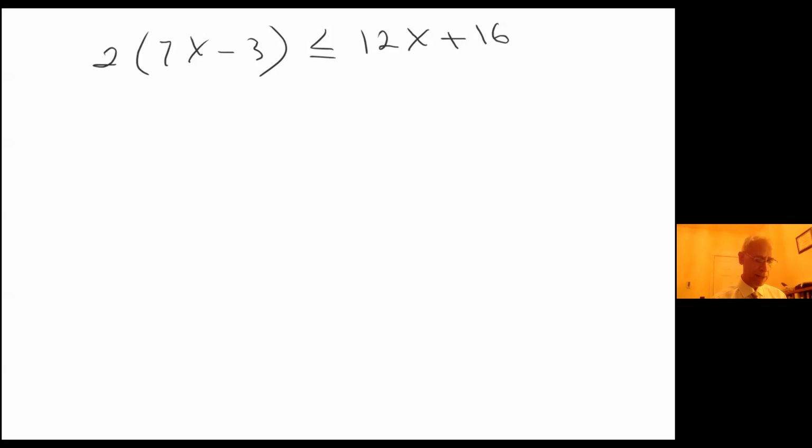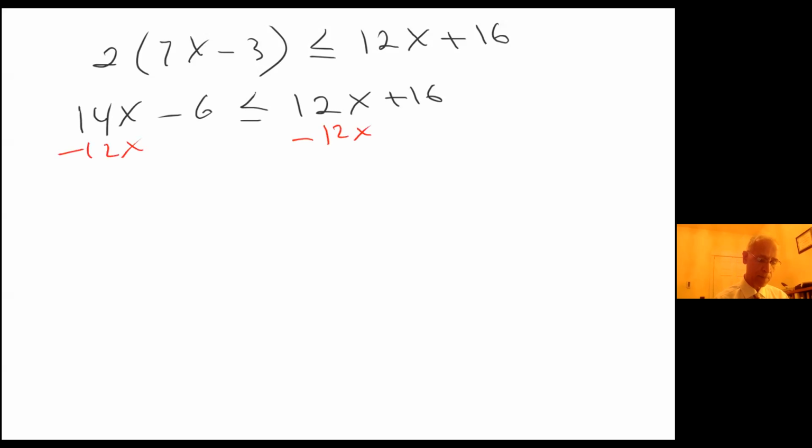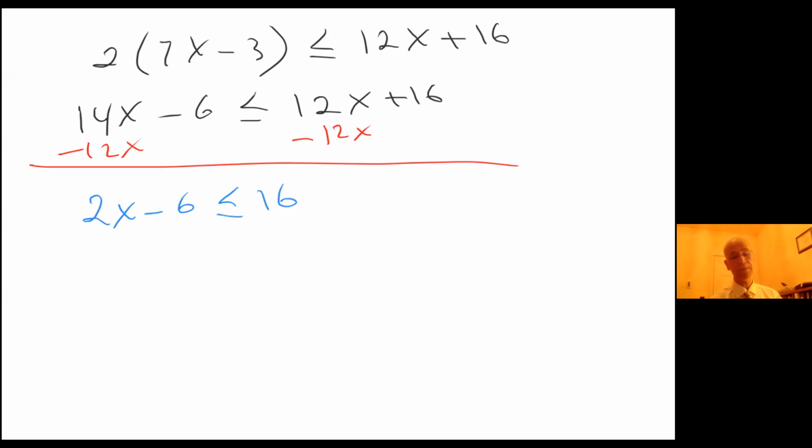Here I'm going to first say 2 times 7x is 14x, 2 times negative 3 is minus 6, smaller than or equal to 12x plus 16. So now I'm going to subtract 12x from both sides. And that results in 2x minus 6 smaller than or equal to 16.